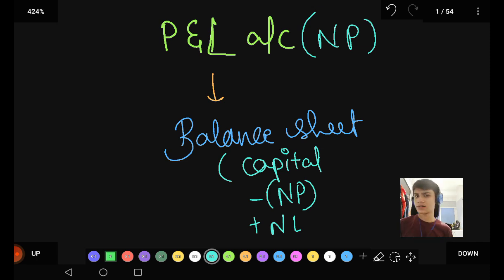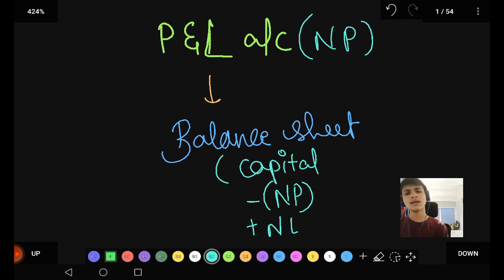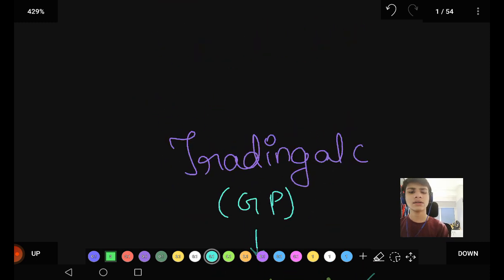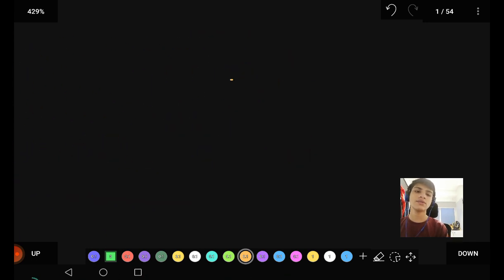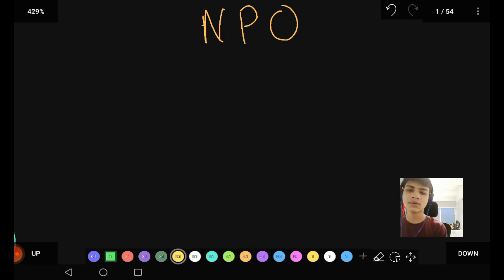Then what is the difference? This is what I will name a profit making organization. What about a not for profit organization? What about NPO? Well, instead of your trading account, you will have something called a receipts and payments account.